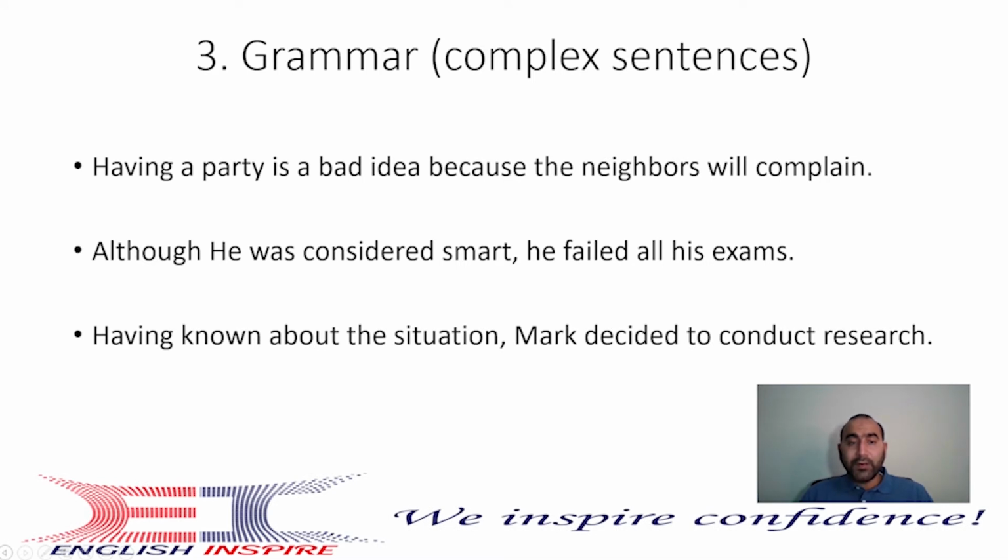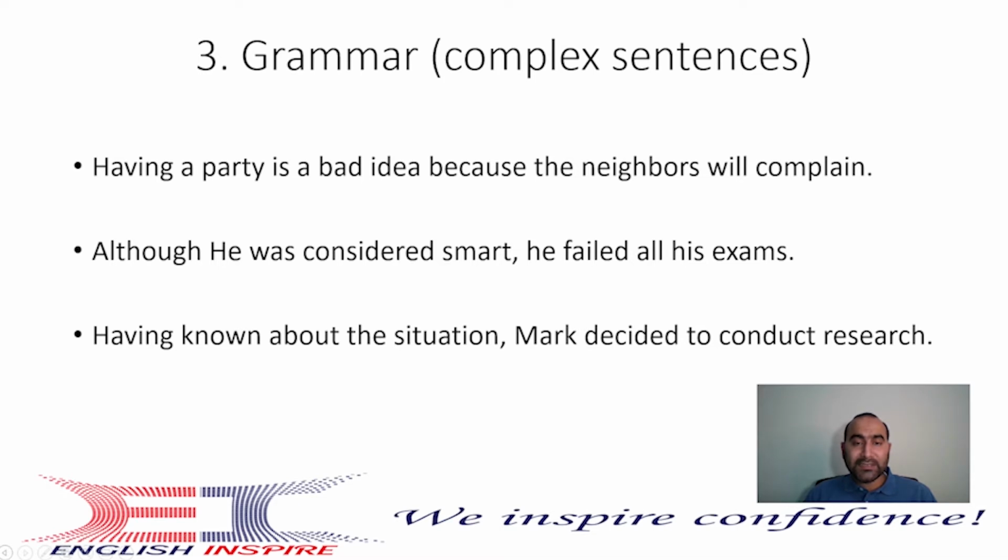The third point is grammar. Grammar is an essential aspect of the academic writing process. Grammar is very important in the academic writing. What I mean by grammar here, grammar includes everything: tenses, articles, types of sentences. But here today, in this slide, I just focused on complex sentences.